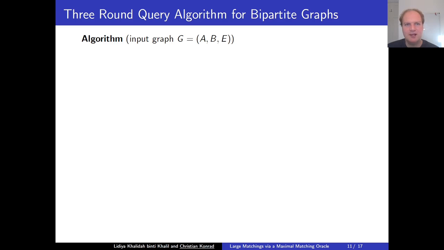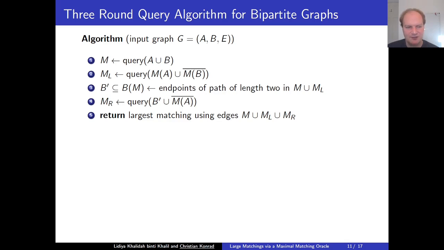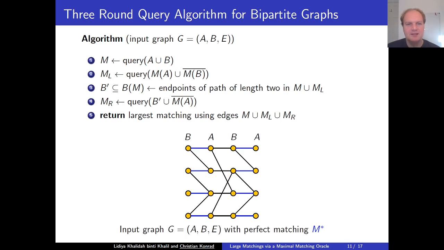Okay, so regarding this lower bound, I would first like to talk about an upper bound that actually shows that we get a 3/5 approximation in 3 rounds, and that works as follows. Suppose the first query consists of simply all the vertices in the input graph, and this produces a matching M. So suppose this is our matching M here, connecting the A and B vertices.